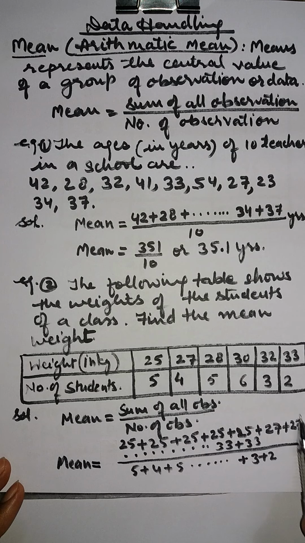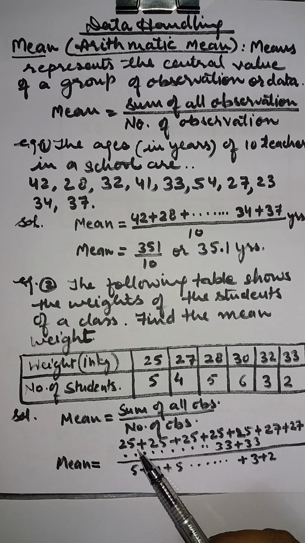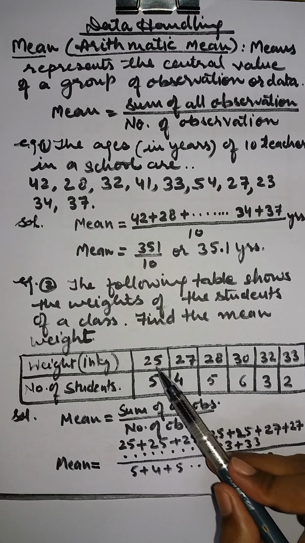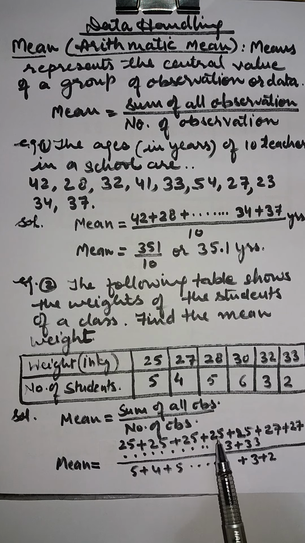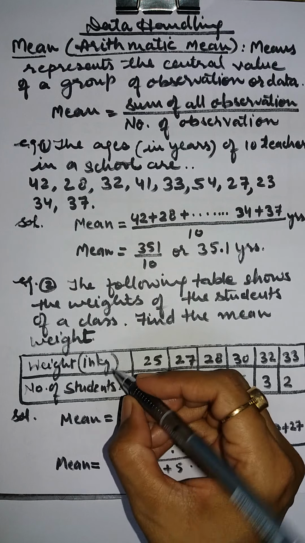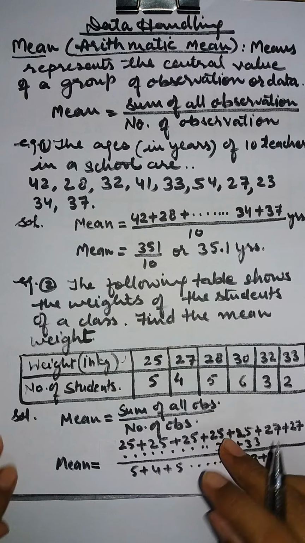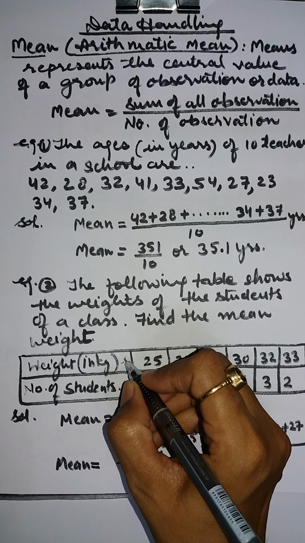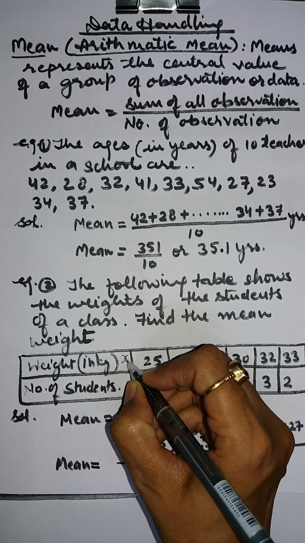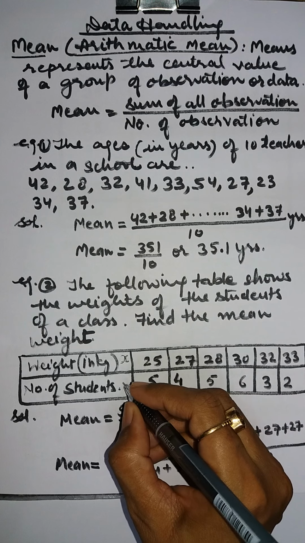But here this data is so lengthy, so large, so we have a formula for this. 25 we multiply by 5 times. Why? Because 25 is repeatedly added here 5 times. If we consider that the weight which is given here is called the observation, and the number of students having that weight is the frequency.